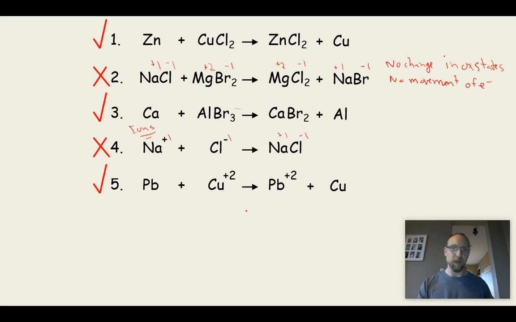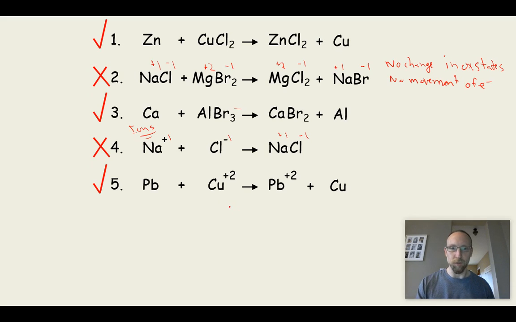So this is a different kind of reaction here. They're not really showing you the whole picture. They're actually making it easier for you. These copper and lead ions are bonded to something, but they're not showing us the ion they're bonded to because its oxidation state isn't changing. They're taking it out of the equation and just showing you the ones that are changing.